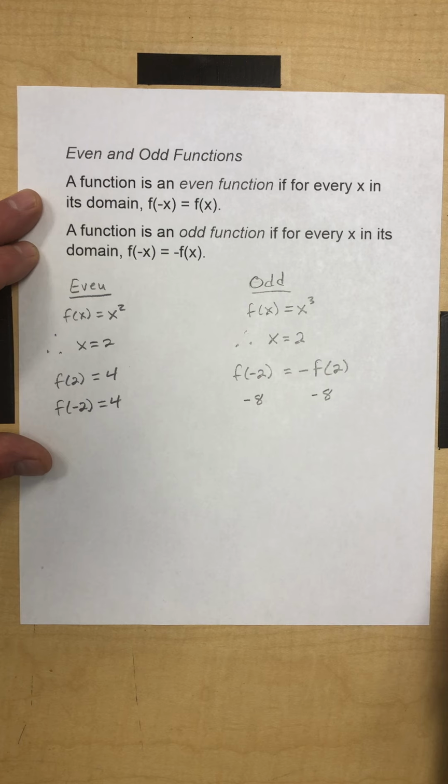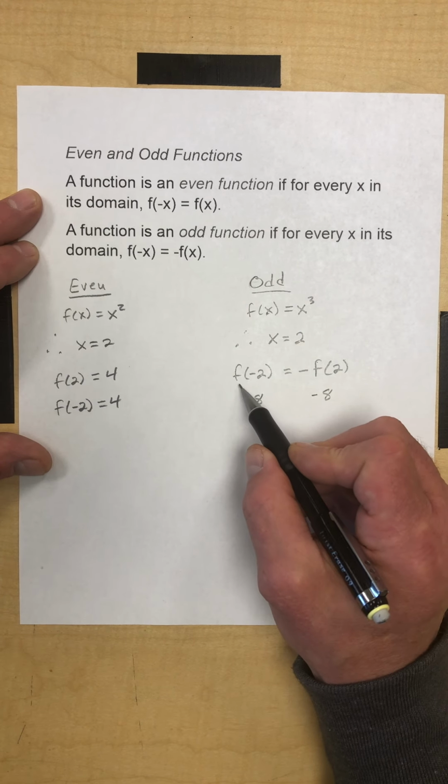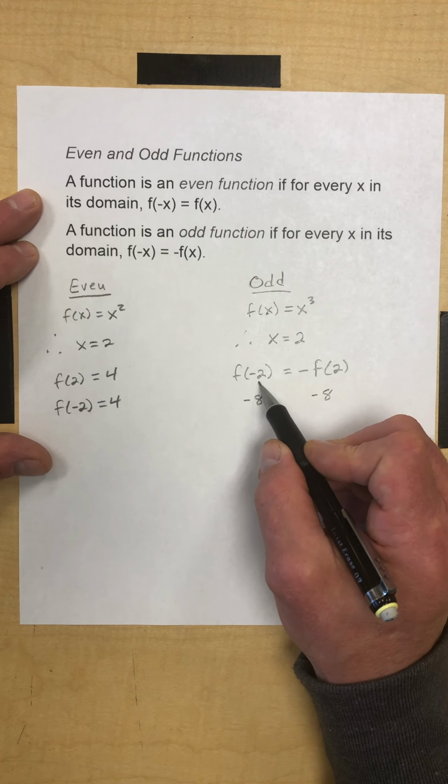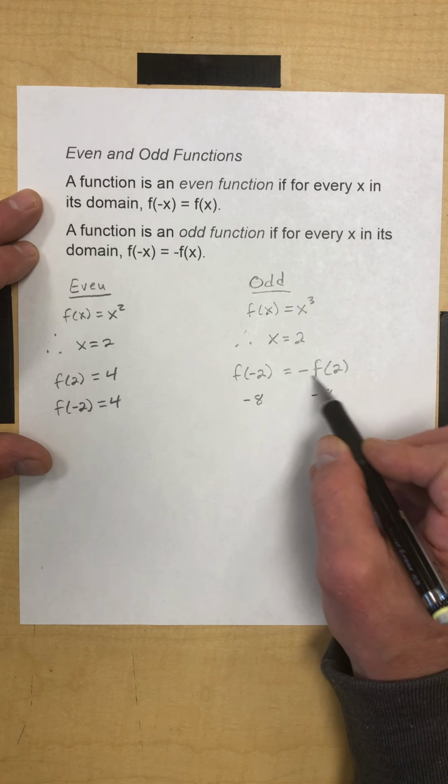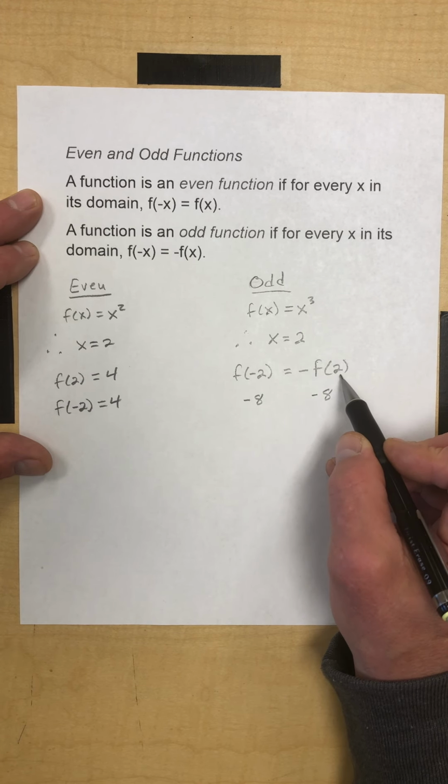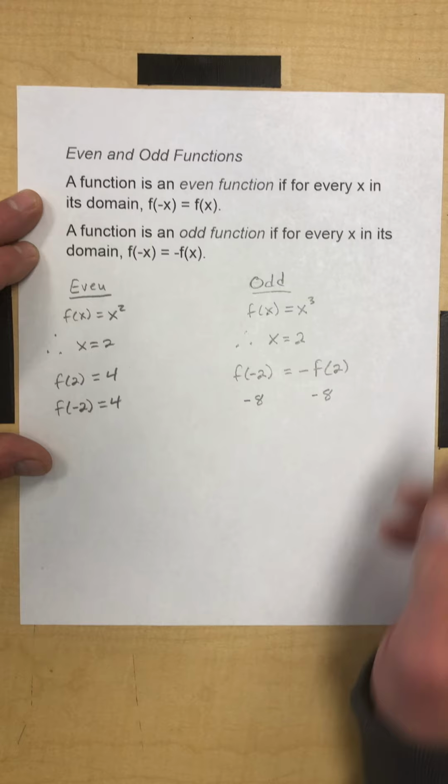So the y value for the opposite of a number is the same as the opposite of the y value of the number, and so you get an odd function.